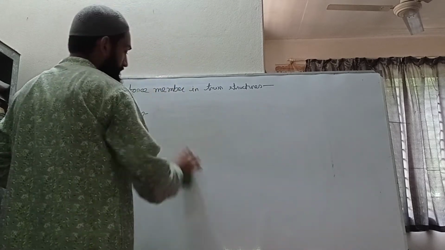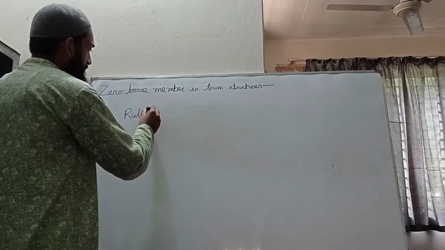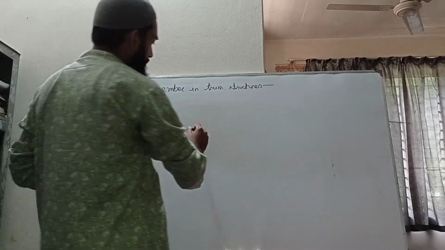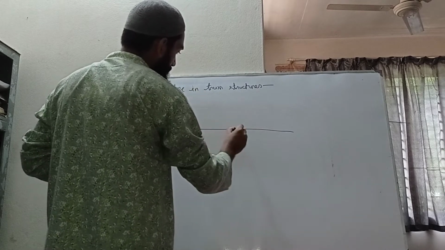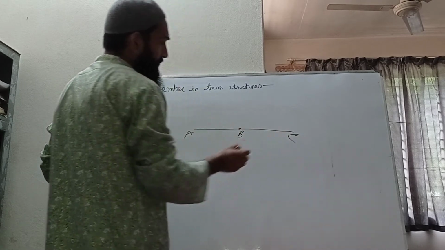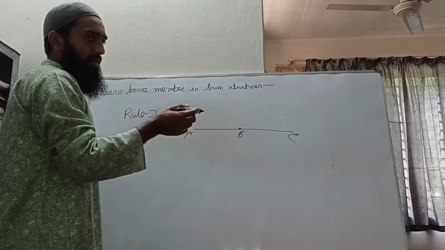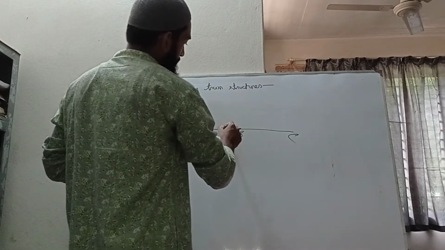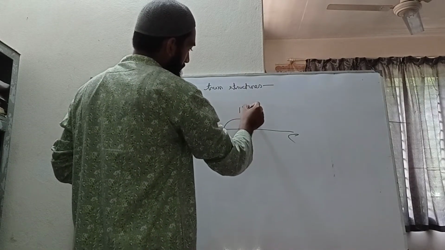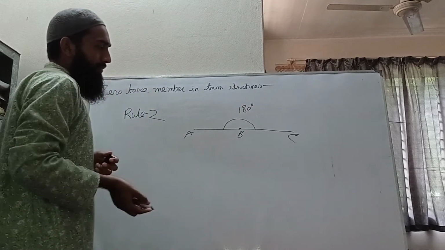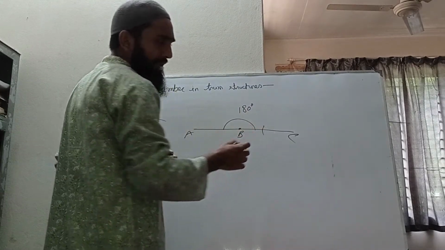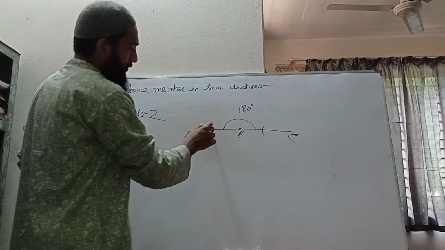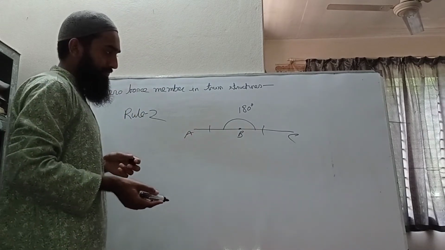Rule 2: if a joint has only two members and the angle between them is 180 degree, then if one of the members doesn't carry any internal loads, then the other one is automatically a zero force member.